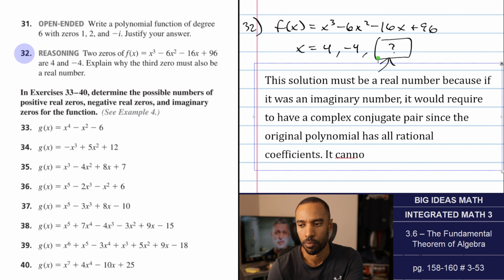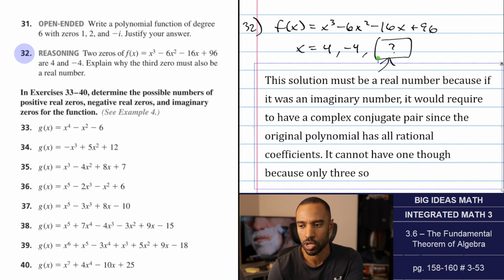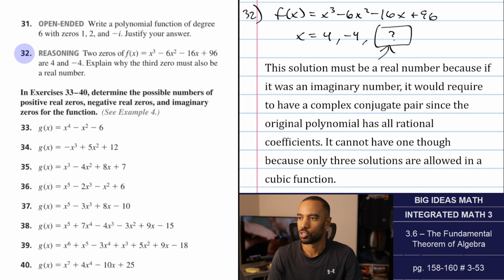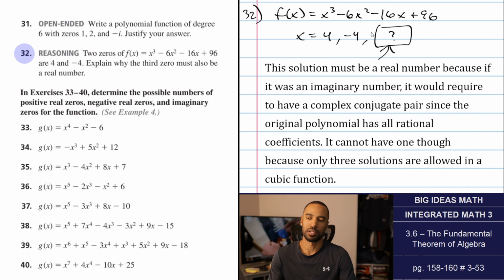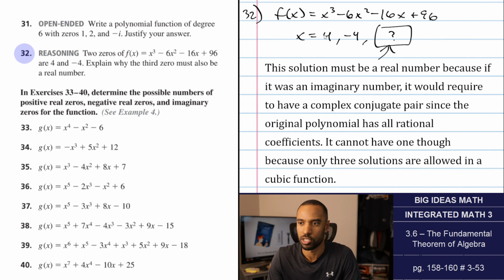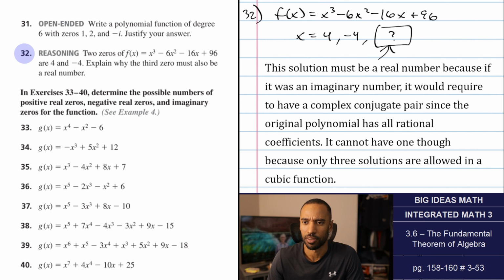It cannot have one, though, because only 3 solutions are allowed in a cubic function, according to the Fundamental Theorem of Algebra, right? We can only have 3 total solutions there. So that would be the reason. Honestly, if I were to solve that, I'd probably use long division with x squared minus 16, given how those things would multiply out. I'm going to leave it. I think we can take our word for it for now. If you ever need me to go back for a problem like that, we can.